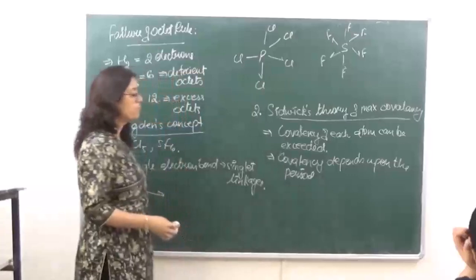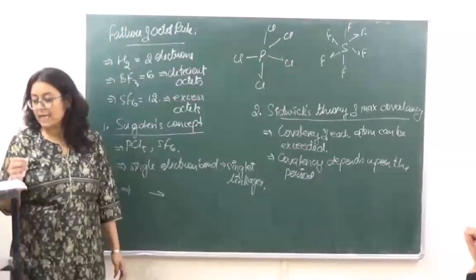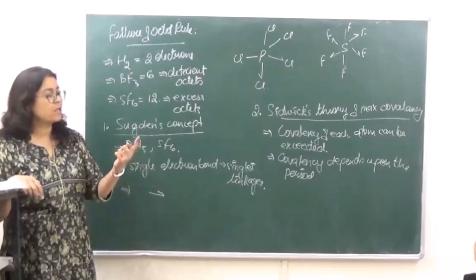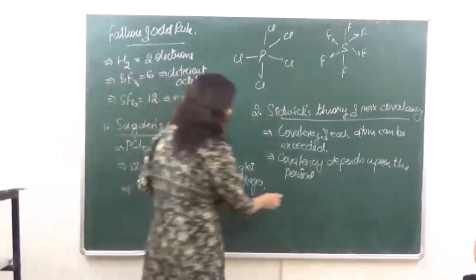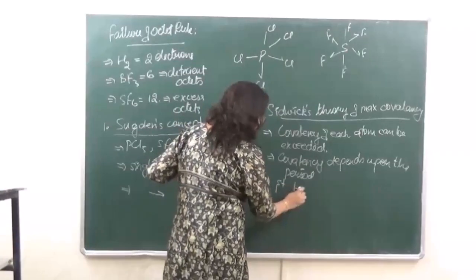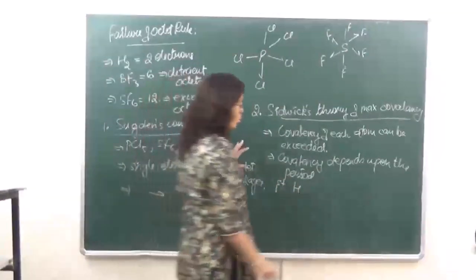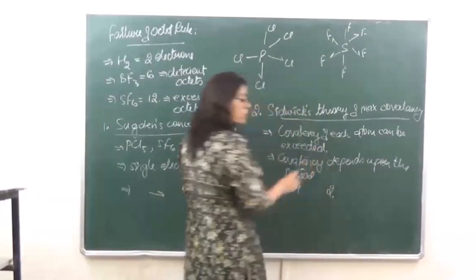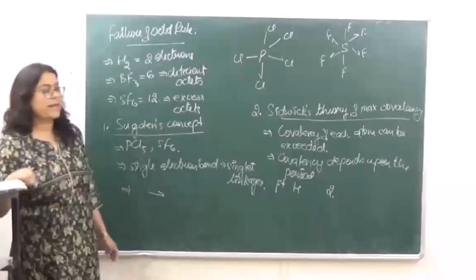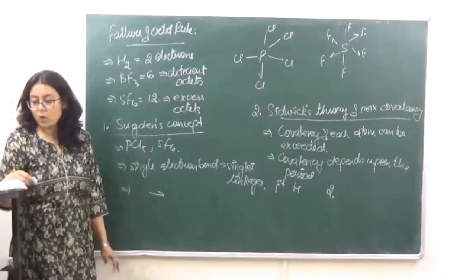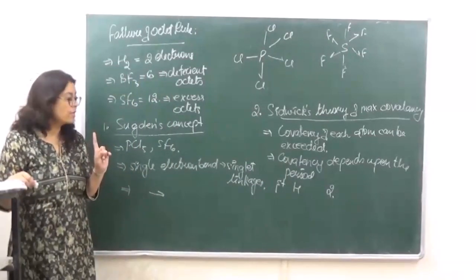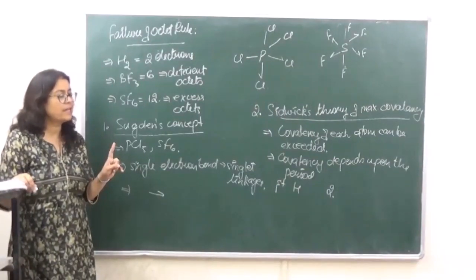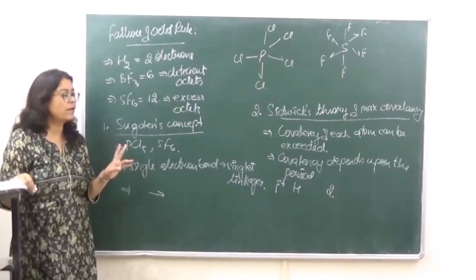Right? If we're talking of the first period, it only has hydrogen. Because it has only one orbital, in case of the first period, in case of hydrogen, the maximum covalency is going to be 2. So the total number of electrons in this case is how much? In helium there are how many electrons? There are 2 electrons. ठीक है?